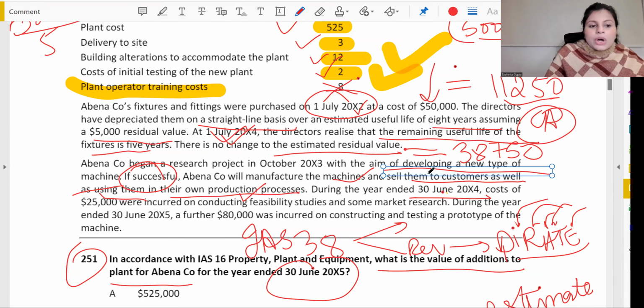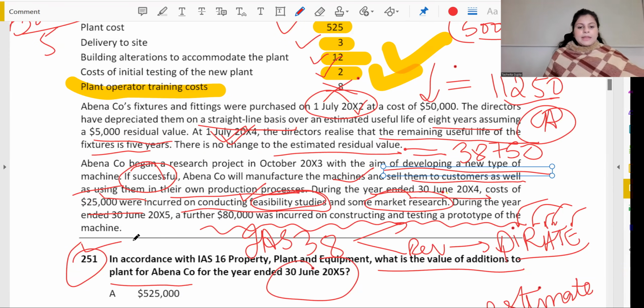During the year, the cost of 25,000 was incurred on conducting feasibility studies and some market research. And then during the year, a further 80,000 was incurred on constructing and testing a prototype. So this 25,000 of feasibility means that till date I'm not sure whether it will be successful or not.